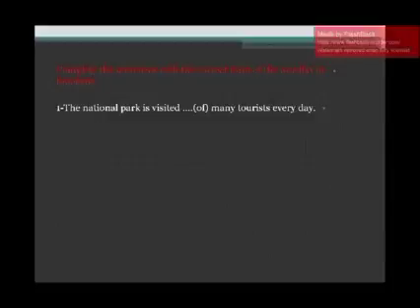Here, this sentence is in the passive voice. The object is the national park, followed by verb to be, which is, and the past participle of the verb visited. Then it should be followed by the preposition by, not of. That's right.